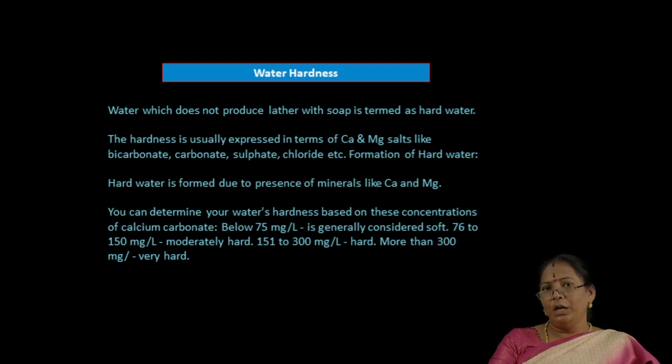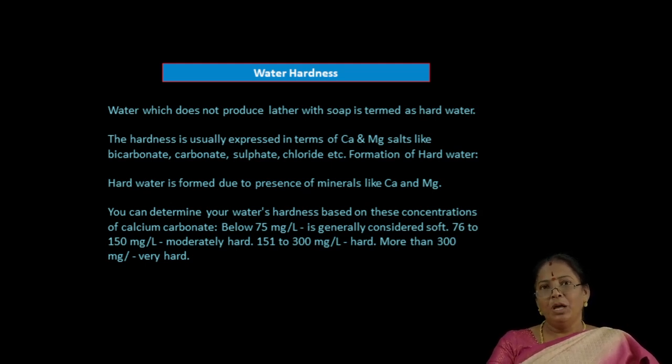If we want to remove temporary hardness, we just have to heat the water. During heating, the bicarbonate substances dissolved in the water are driven off as carbon dioxide. Then the water becomes pure water or soft water.